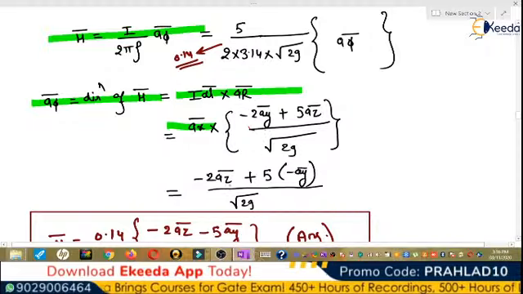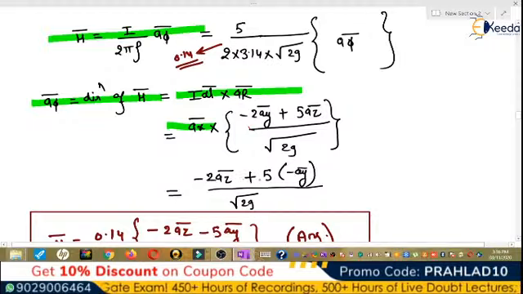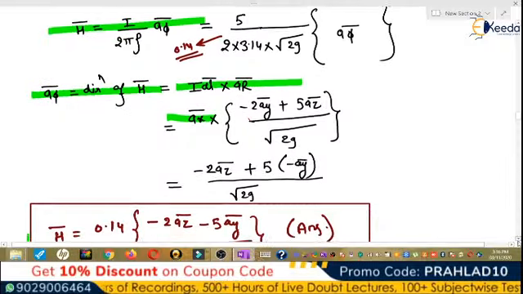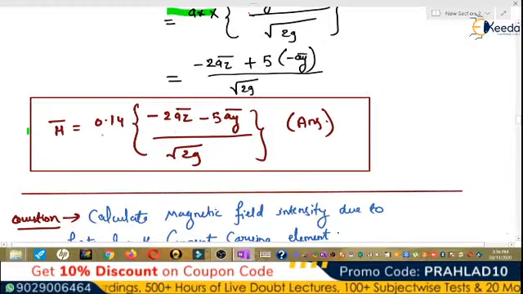So ax cross ay, it is az. So minus of 2az plus 5 minus of ay by root of 29. So H vector is 0.14 into minus of 2az minus of 5ay by under root of 29.